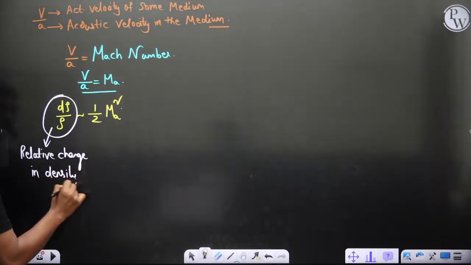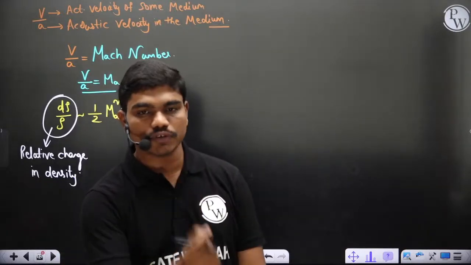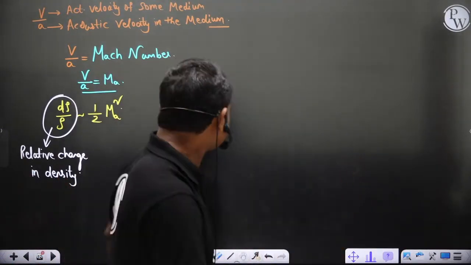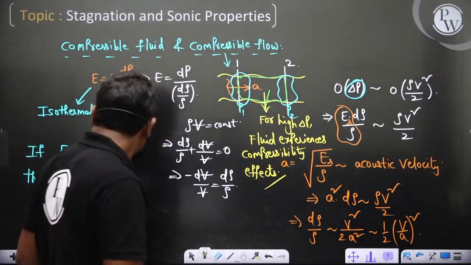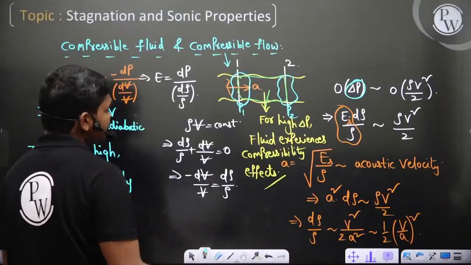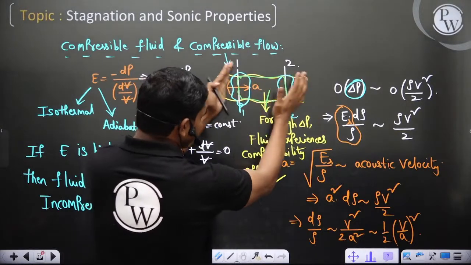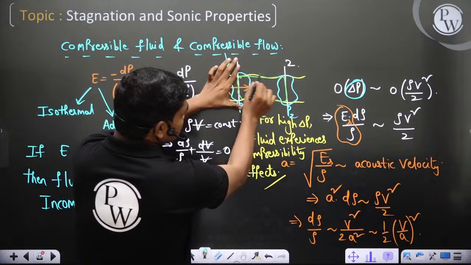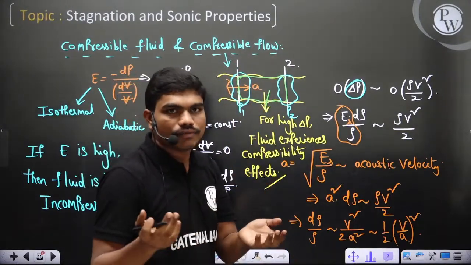Yes or no? Can I say this? Because this d rho by rho gives you the relative change in density of the fluid when subjected to this pressure. Compressibility effect means basically the fluid undergoes the effect of compression. Depending on this pressure difference, the fluid undergoes certain compression. Now, to decide whether something is getting compressed or not, density is a very important factor.